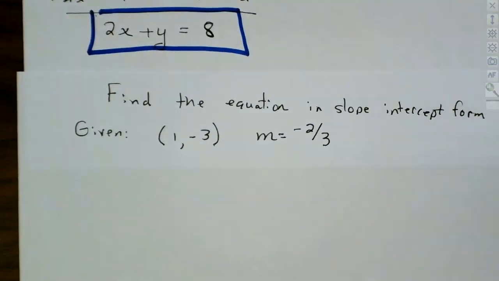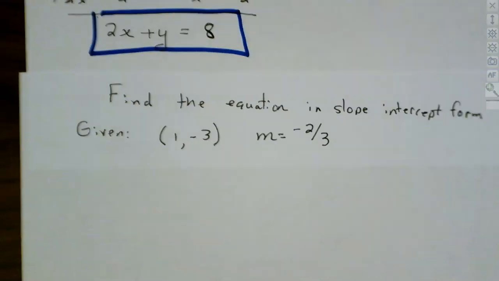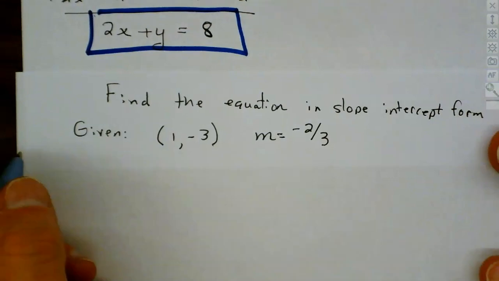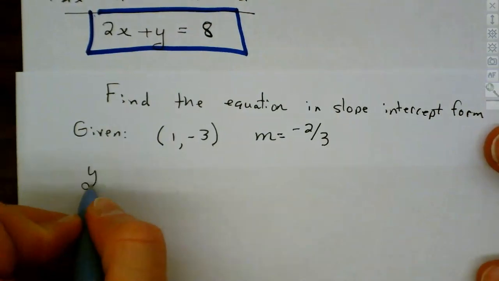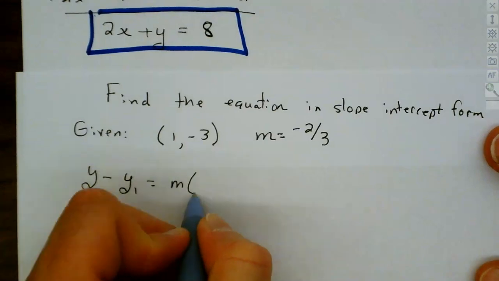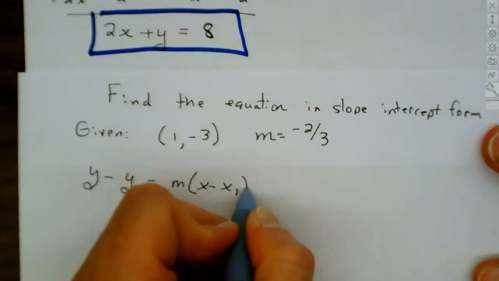So the first thing we do is we identify what we have. And what do we have here? Well, we have a point, right, and we have a slope, don't we? So we're going to apply our point-slope formula. So let's write up our formula, which is y minus y1 equals m times x minus your x1.